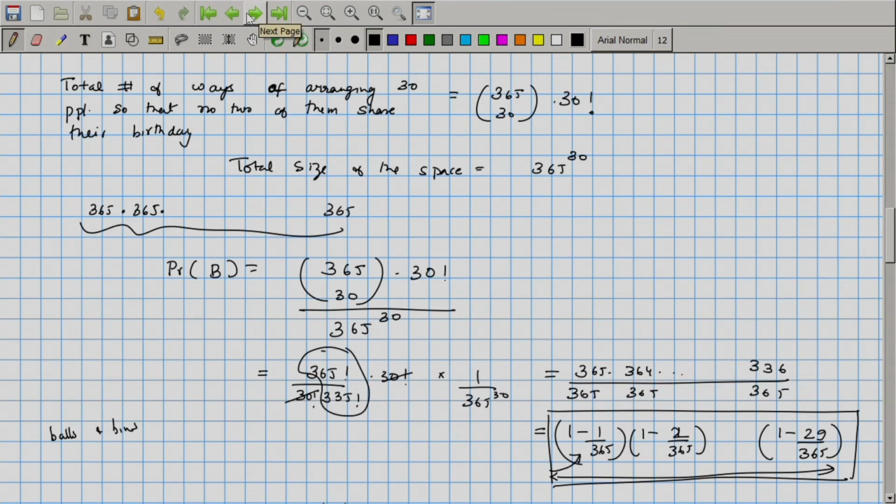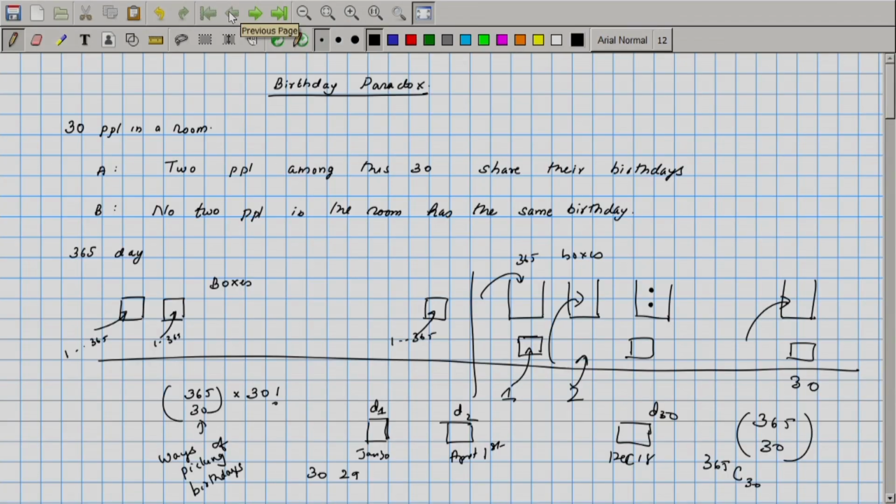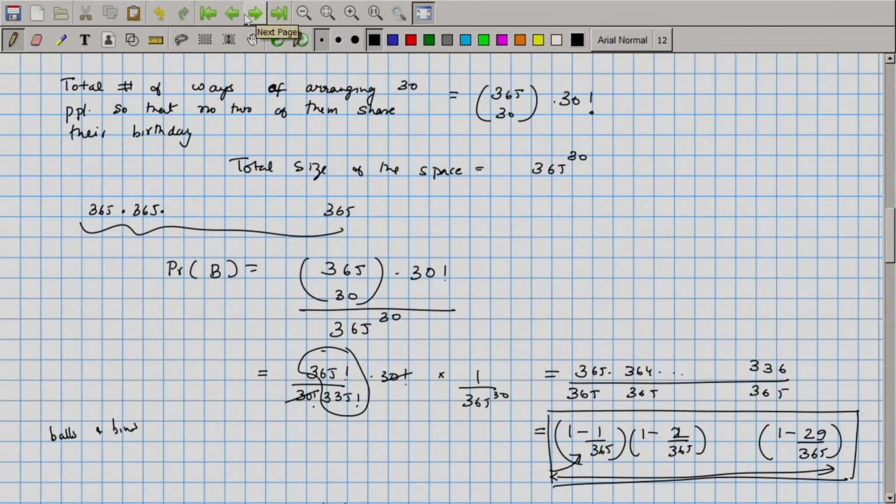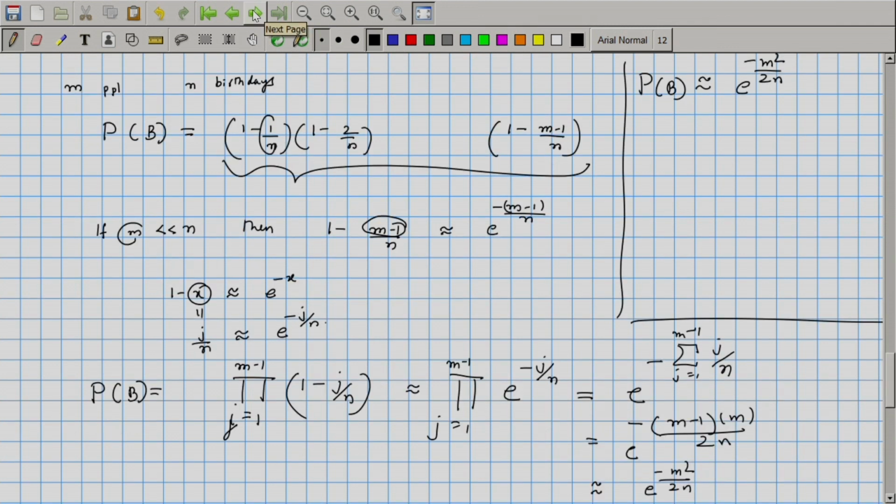We want to know at what threshold, what is the number of people that we should have in the room, so that the probability that two people have their birthdays on the same day is going to be at least half. In other words, that threshold will happen at the value where PB is equal to half.